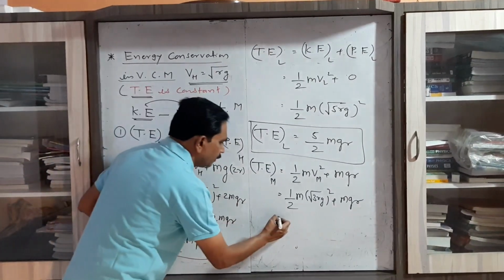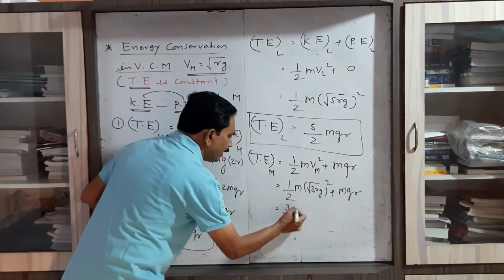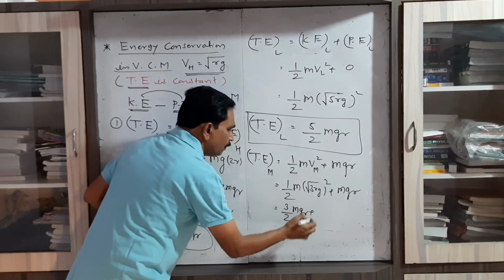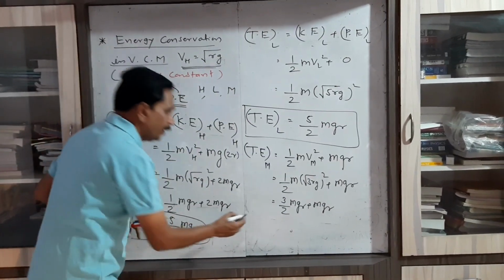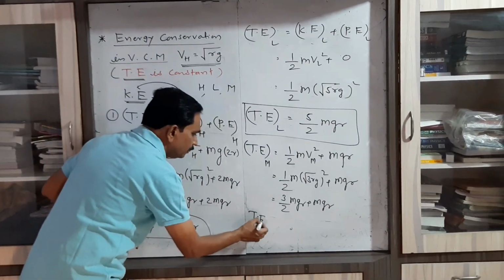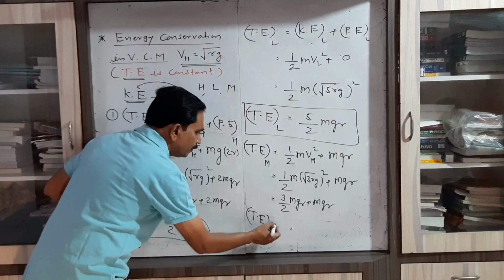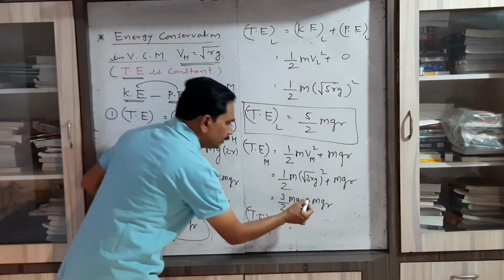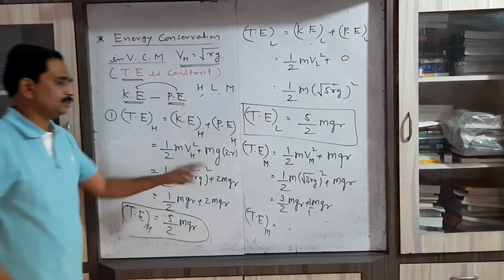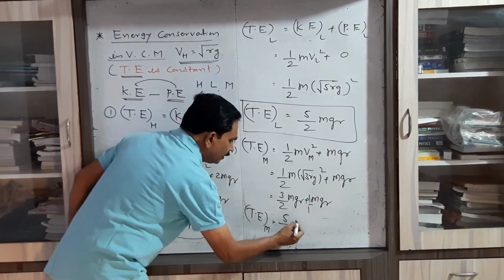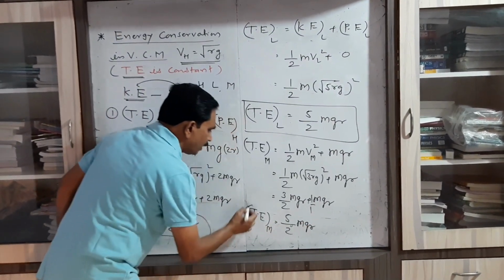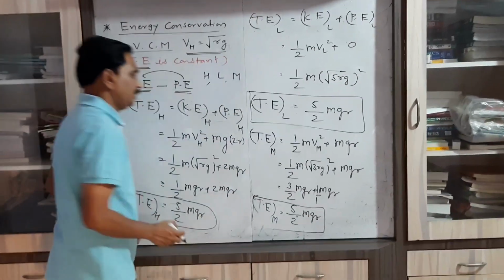Now here that is equal to 3 by 2 mgr plus mgr. So if we again simplify it, then total energy at the middle position becomes, we can write as 3 plus 2 by 2, so it becomes 5 by 2 mgr.